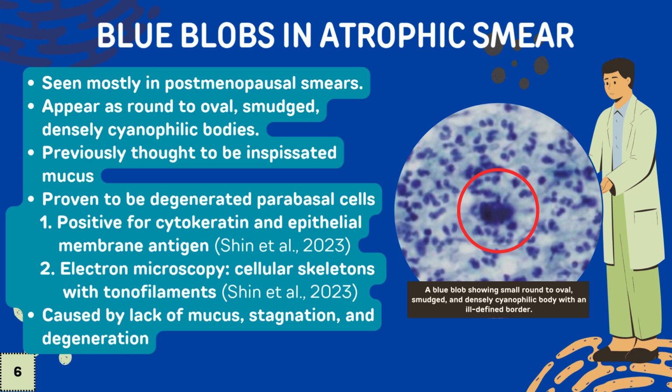This can be confirmed by a positive result for cytokeratin and EMA, which are markers confirming that blue blobs are of epithelial cell origin. Electron microscopy even shows tonofilaments, confirming these blobs are collapsed cell skeletons. Blue blobs are caused by lack of estrogen and degeneration due to dryness and poor mucus flow.